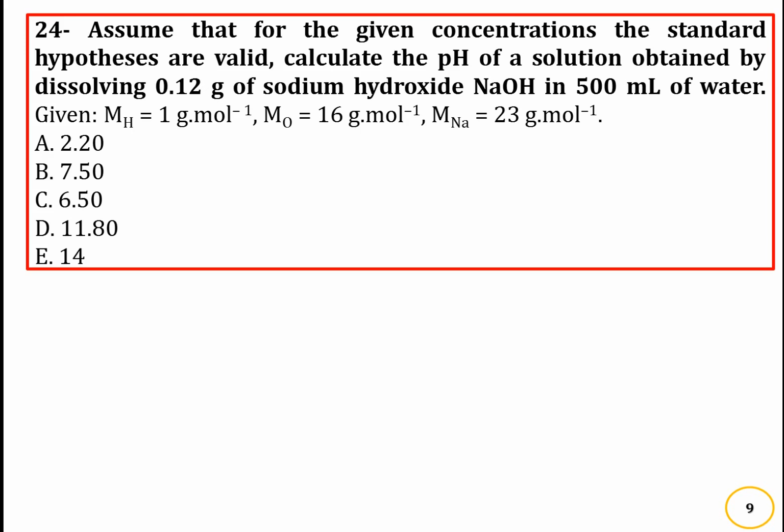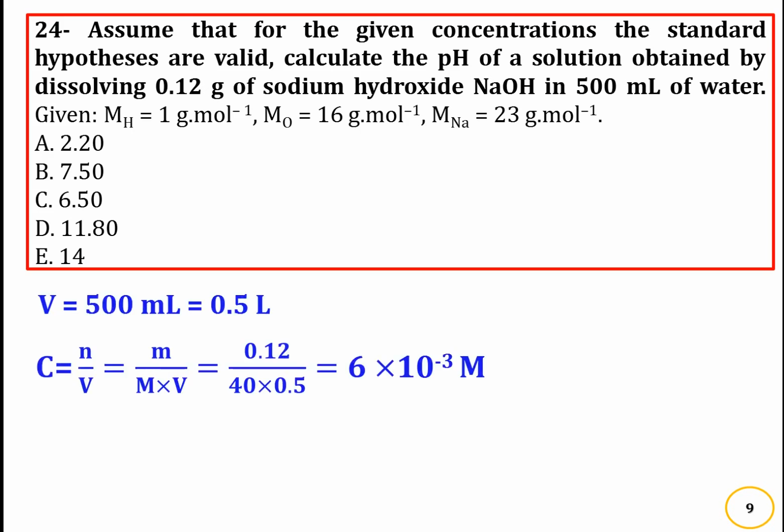First of all, we have to calculate the concentration of the sodium hydroxide solution. The concentration is equal to the number of moles of solute divided by the volume of the solution. The volume is 500 milliliters, because we suppose that the addition of 0.12 grams of sodium hydroxide did not change the total volume.